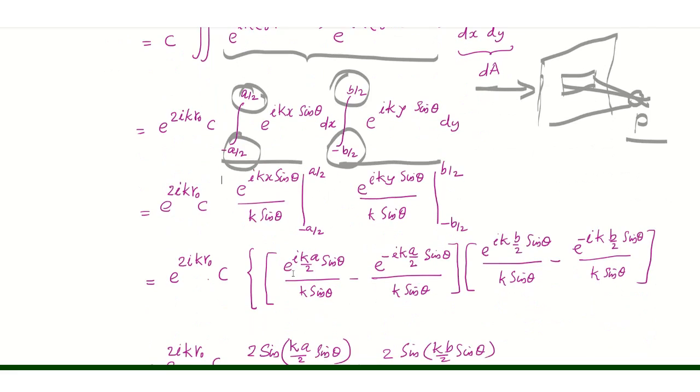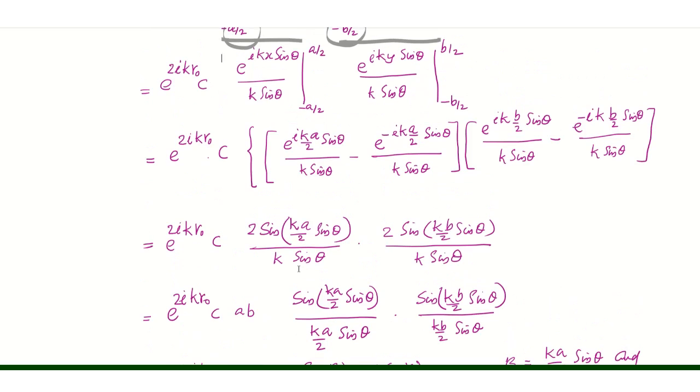And it's straightforward. What you will see is here you applied the limits for both cases, and then this will be like 1 by k sine theta taken as common, and it's e to the power plus i something and e to the power minus i something.